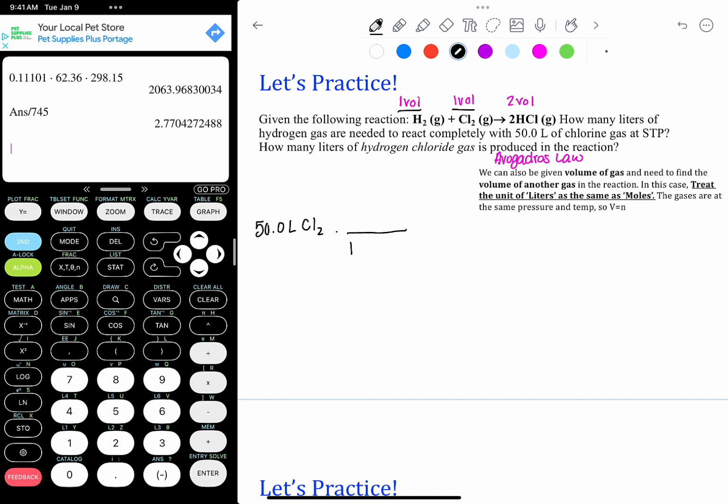So we'll say 1 liter of Cl2 is equal to 1 liter of H2. So that gives us 50 liters of H2. Now you could go about this the same way we did our previous problems, okay?